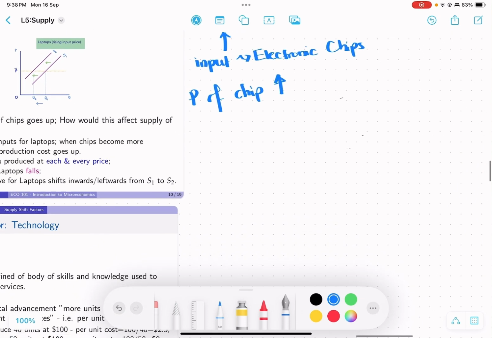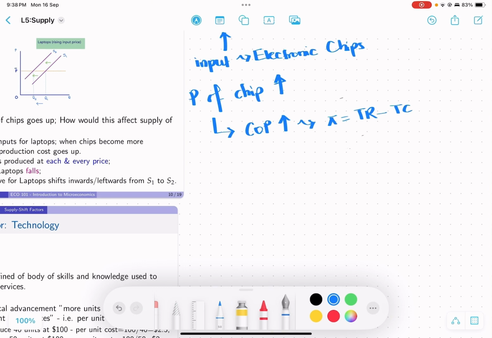If that is the case, what will happen? The cost of production for this firm is going to go up. And remember this, profit is equal to total revenue, shown by TR, minus total cost.